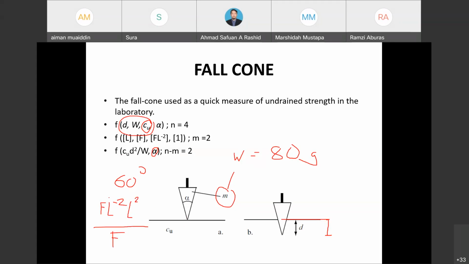Okay. So this will be eliminated, and also this one. Okay. So then we have this kind of 2-dimensionless equation.